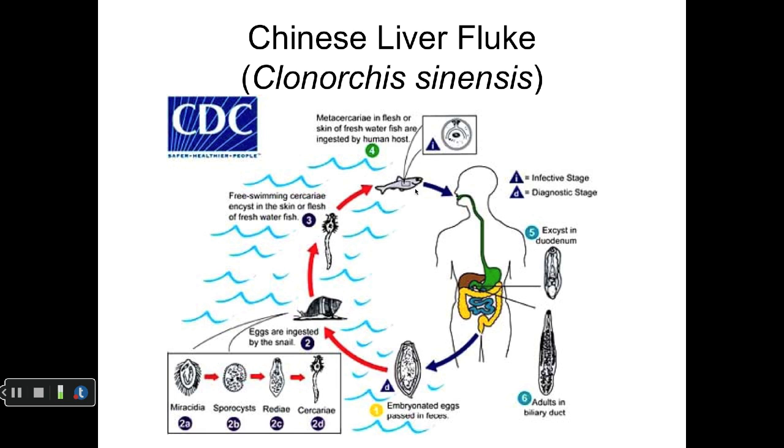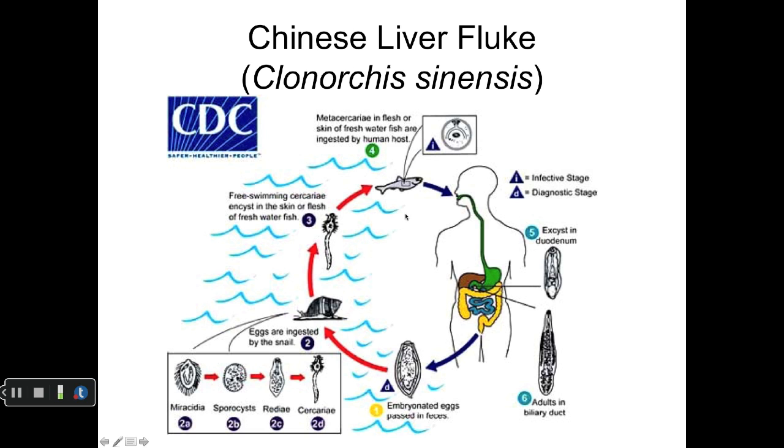So in this life cycle, the cercariae attach and penetrate the skin of a fish, and once they enter the flesh of the fish or the skin, they form the metacercarial stage. So these metacercariae then are present in the flesh of the fish, sometimes out in the skin.